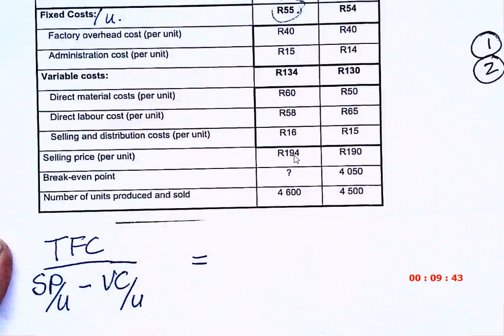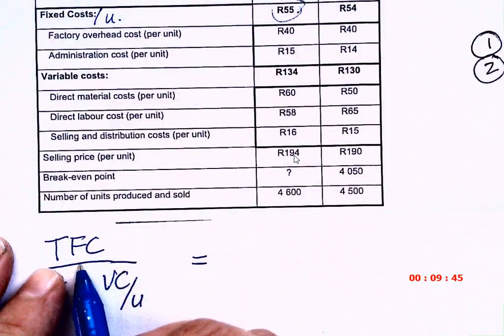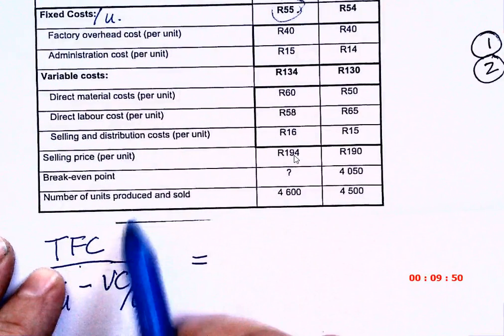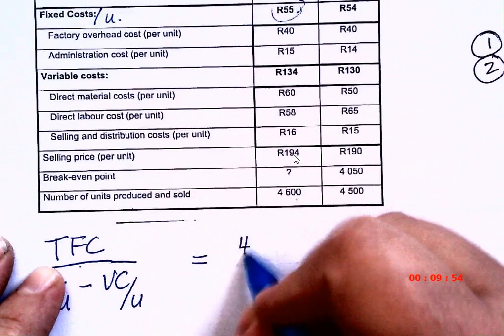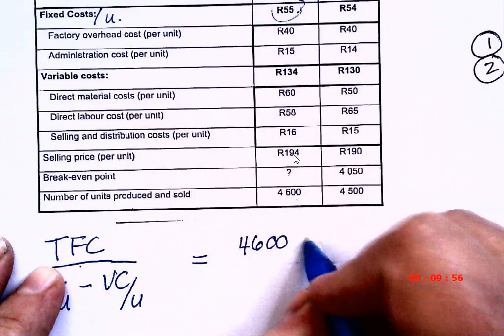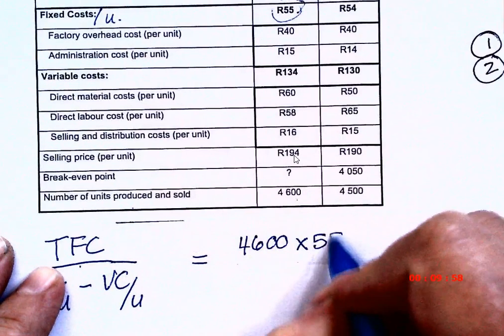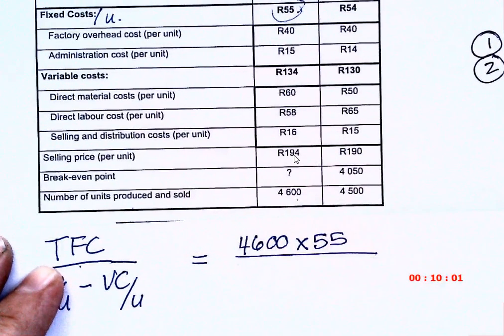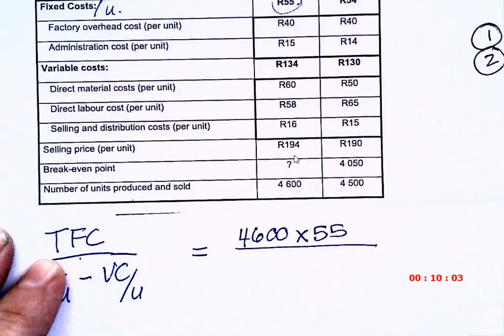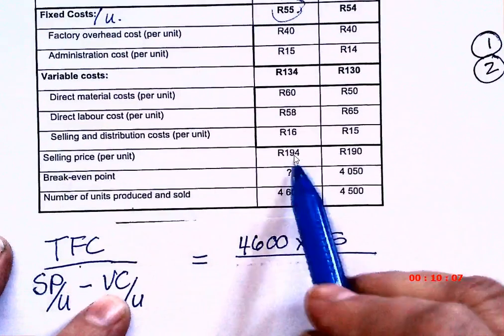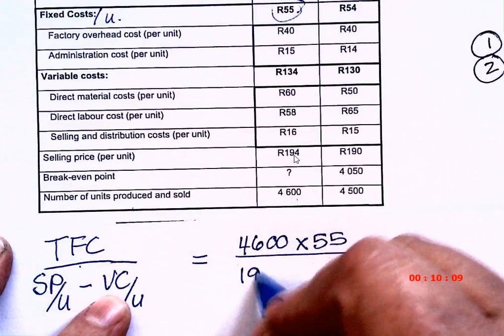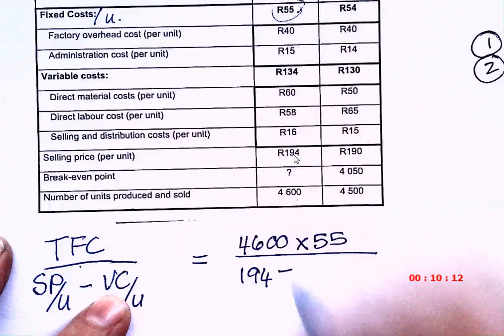Now, how will I get the total one? If I have the unit price, can you see they give me the units? So I produced 4,600 units at 55 Rand a unit. Okay, is everybody with me? Now what is my selling price per unit? There they give me, it's 194. And what is my variable a unit?